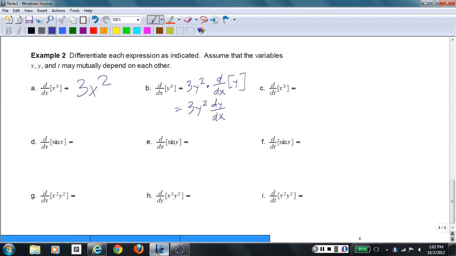So we'll differentiate a lot of variables with respect to t. So that'll be common. d/dt of x cubed is going to be 3x squared times, if x is a function of t, if x changes when time passes or when t changes, we have to multiply by the derivative of x with respect to t.